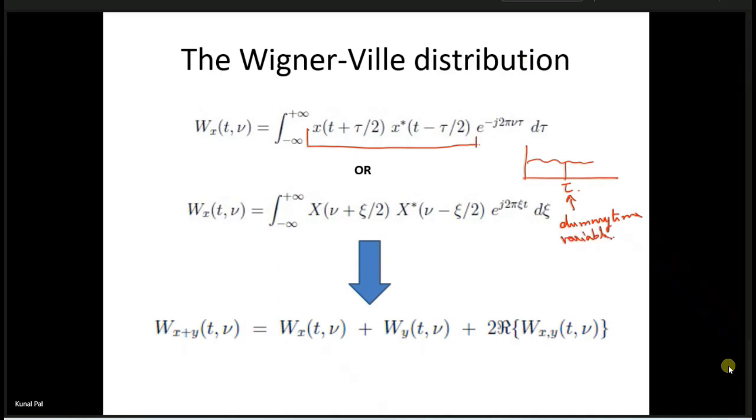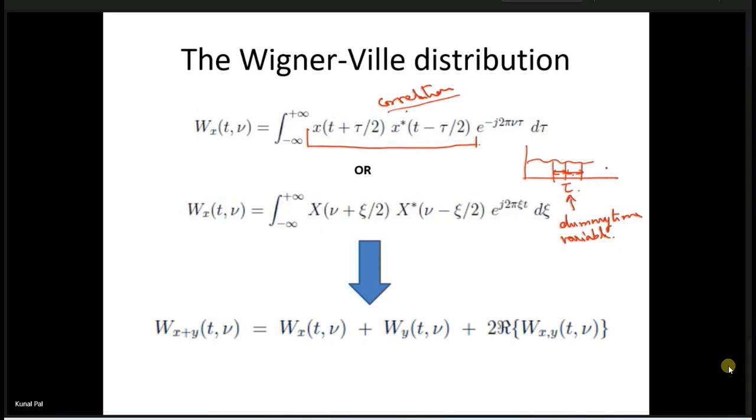What this says is that you take a particular time period on the left and on the right, and then you perform correlation.